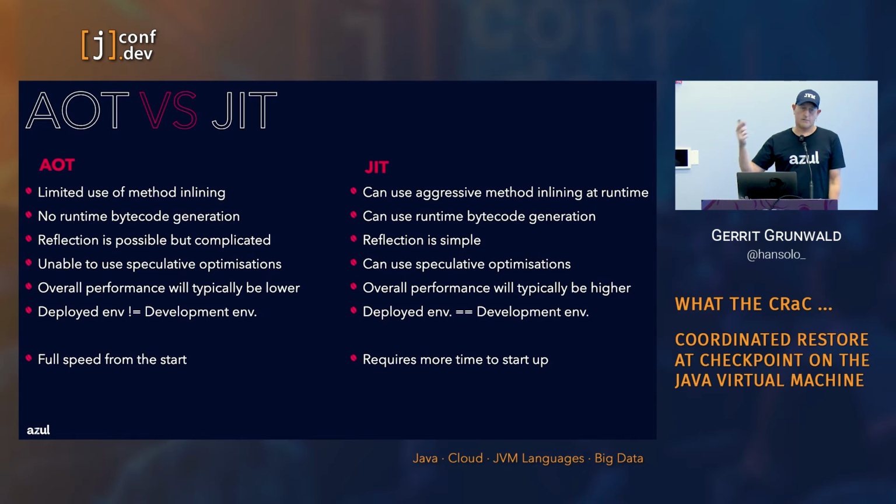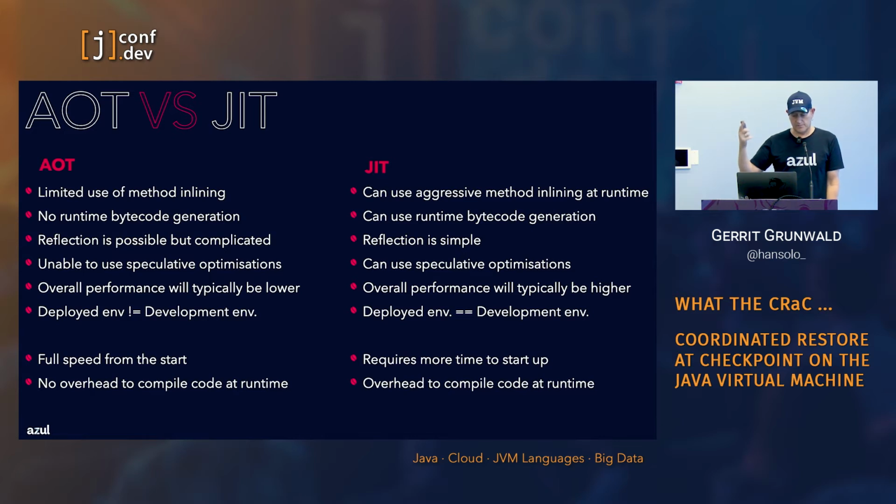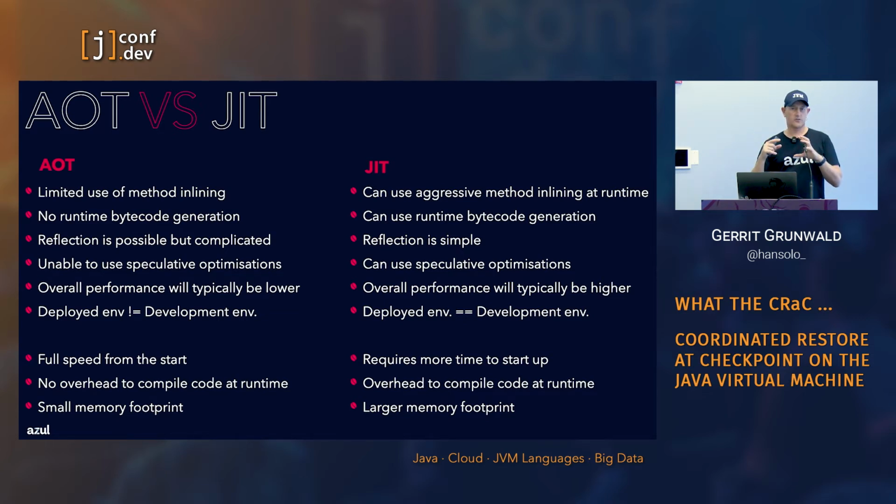On the other hand, with AOT you have full speed from startup, right, whereas the JVM needs more time because of this startup phase. There's no overhead to compile code at runtime. And of course, the memory footprint is smaller because the AOT code, the native image, just compiles the stuff that's needed. It's an advantage and a disadvantage, because that means if you drag in a lot of resources and dependencies, the AOT needs to know all the classes to make it really work.